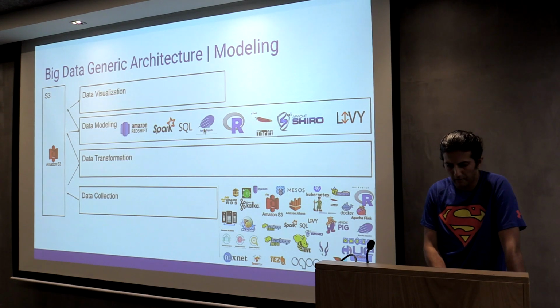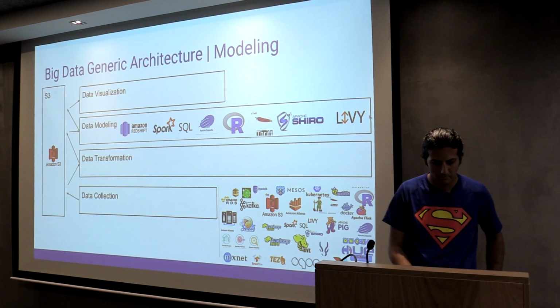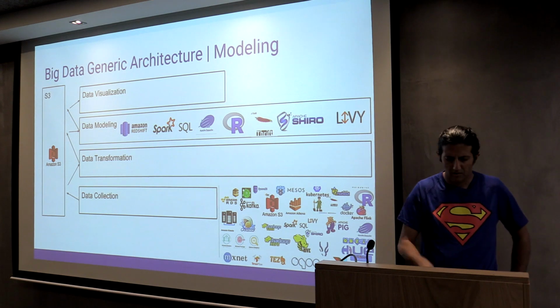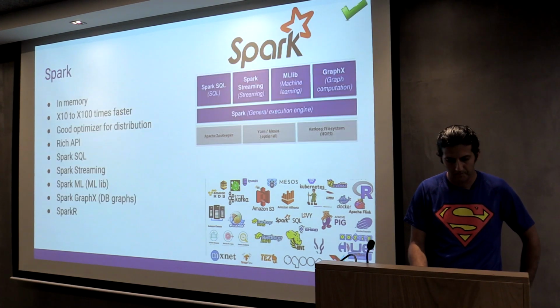Spark SQL, Zeppelin, RStudio, Thrift, Hue, and Livy. Again, all this is part of the EMR. It's just not very highlighted in the AWS marketing, only if you read the documentation in detail.